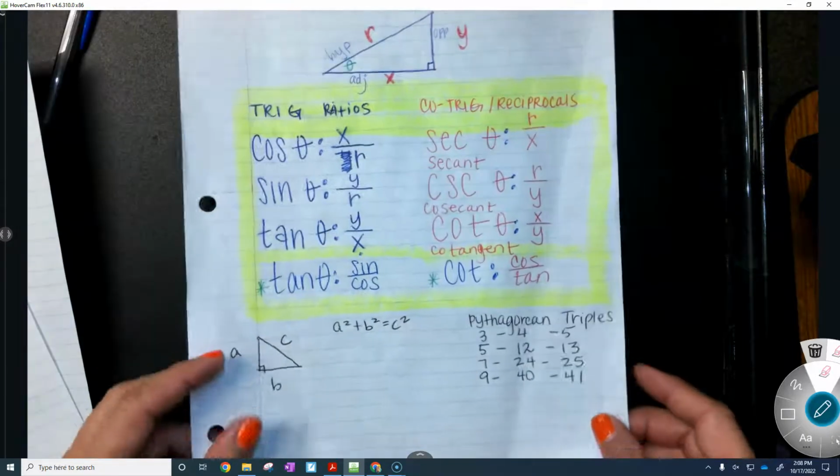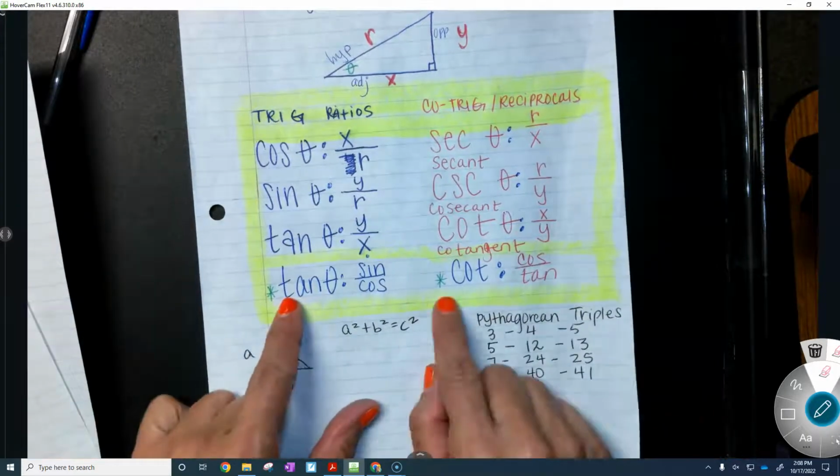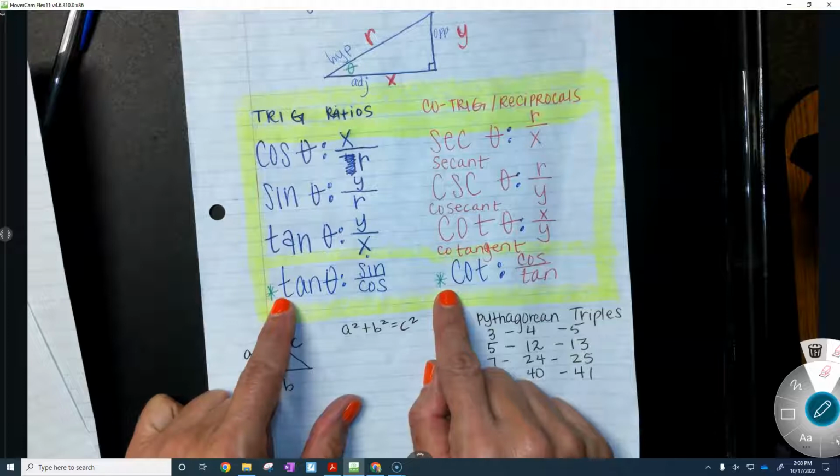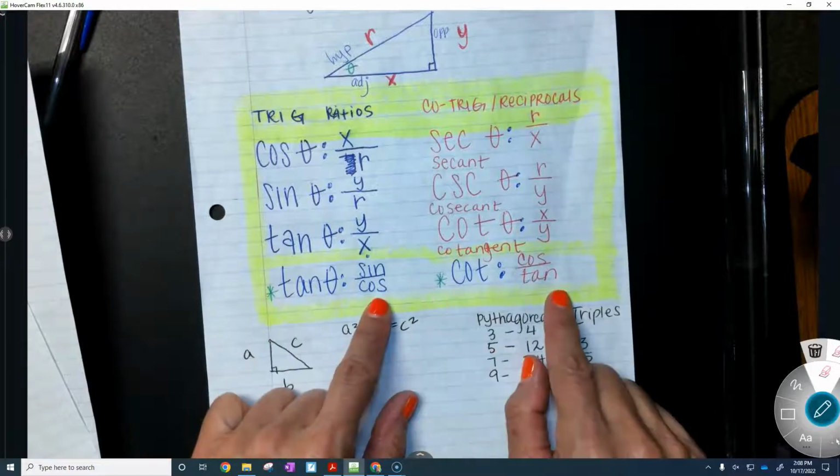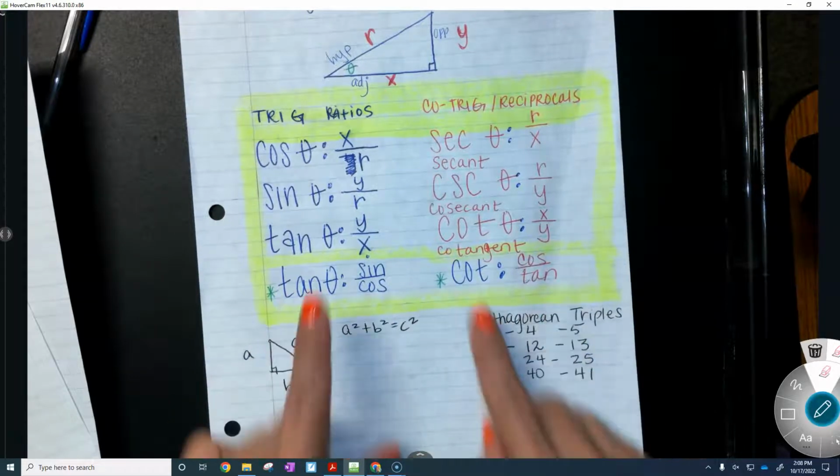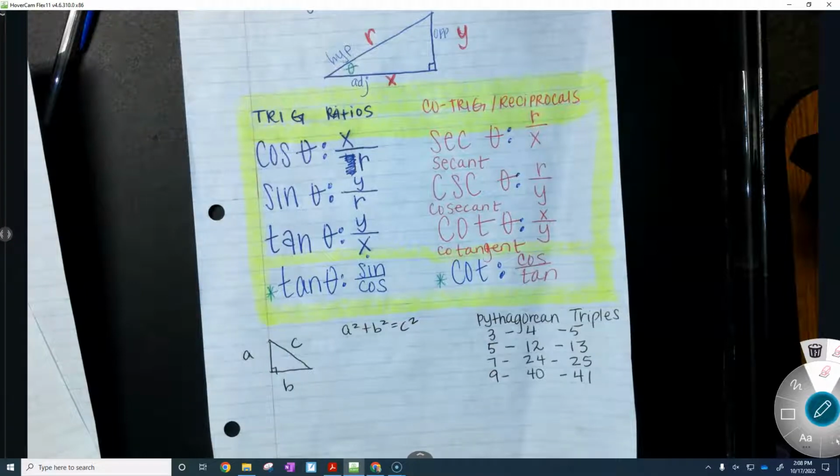Right here. Look, you wrote that down and didn't even know what you were writing down. You already have this. Remember, tangent and cotangent, they're extra. Remember, it's just the division of the ordered pairs. It's always positive in quadrant 3.